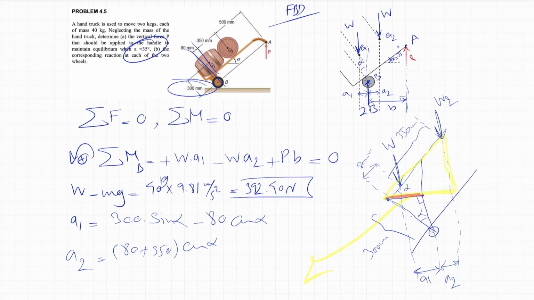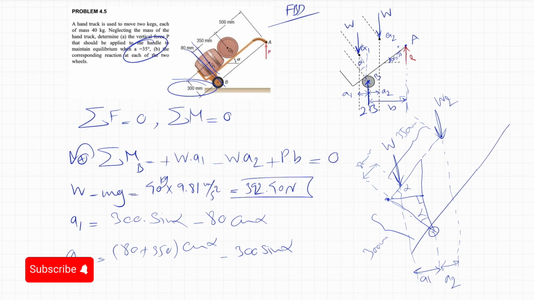And from the previous part, we have this part, which was 300 times sine of alpha. If we subtract these two from each other, we'll get what we call A2. And that's how we can find A2.